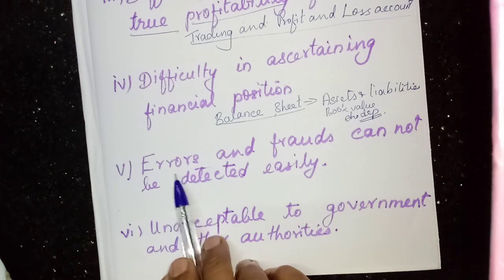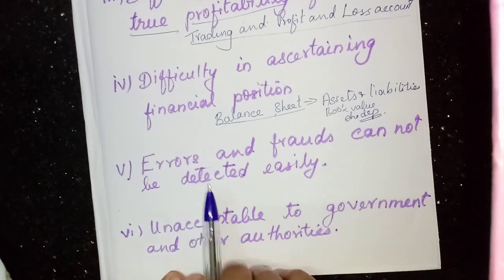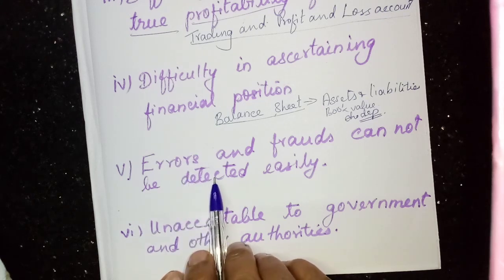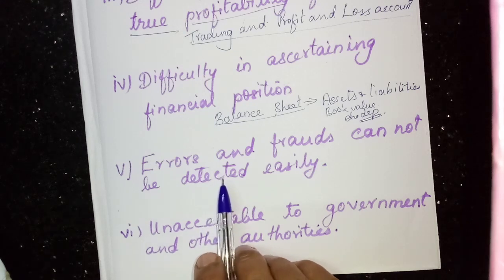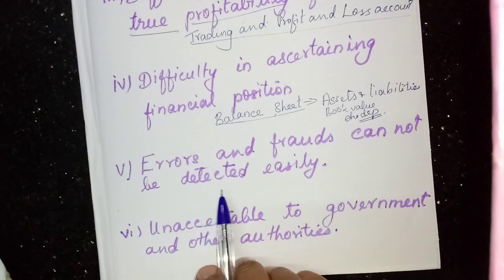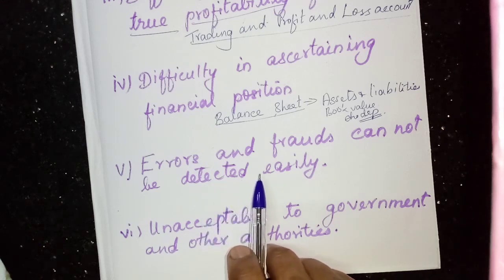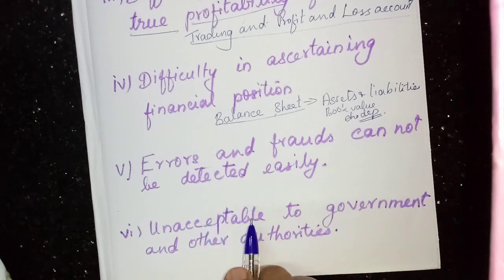In incomplete records, internal control or internal check, which is done in big business organizations, cannot be done, because only one person will be maintaining these records. Especially the owner will write some of his notes in the diary.